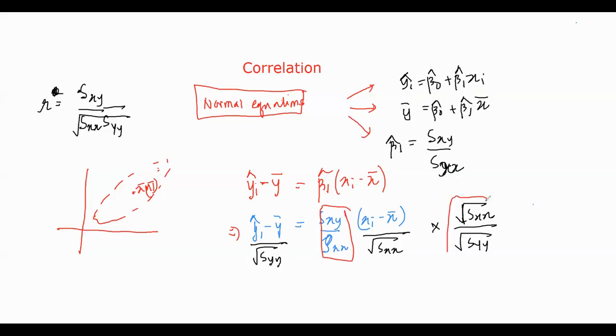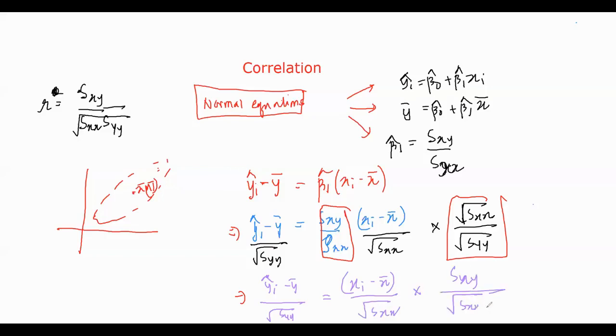Let's combine these two and we get the following beautiful result: yi hat minus y bar by root over syy is equal to xi minus x bar by root over sxx, the standardized x and the standardized y, into sxy by root over sxx into root over syy. Beautiful, no? So this is actually what we call R. This is the correlation coefficient.